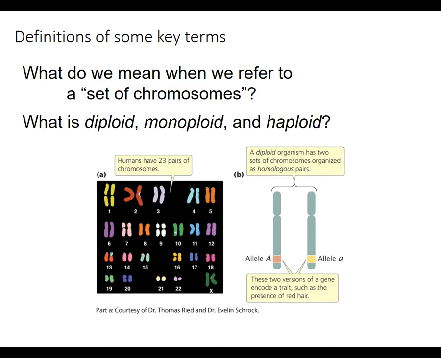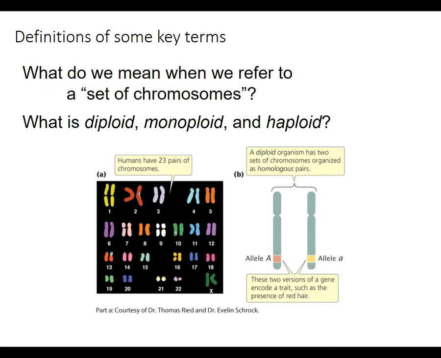Now, how many is that? In humans, a set is 23 chromosomes. But in a mouse, a set is 20 chromosomes. So the number of chromosomes that are in a set depends on what species of organism you're referring to. But a set is always one of each different kind.